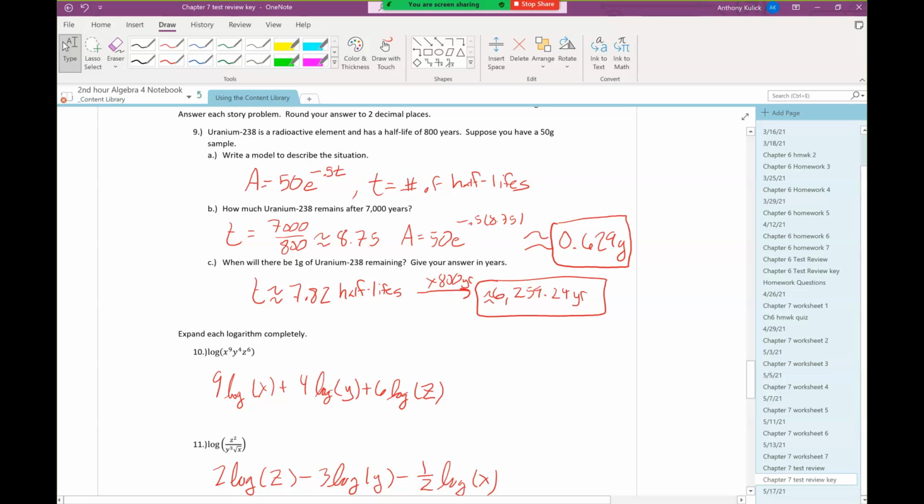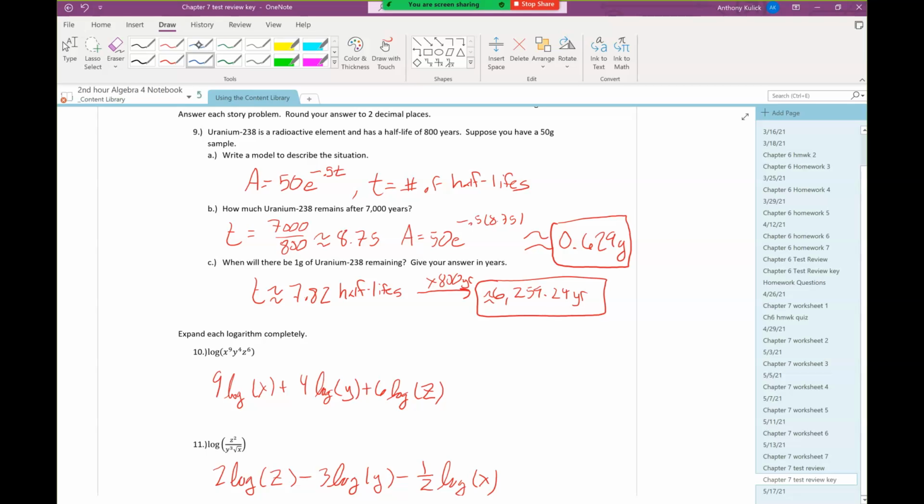So I used, because this is a scientific situation, like we talked about radioactive decay being one of those situations where you use that continuous model, the one with the e in it. So I used that A equals Pe^(rt).